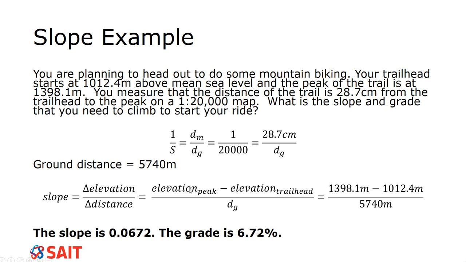So my delta elevation is my peak minus my trailhead: 1,398.1 meters minus 1,012.4 meters, divided by 5,740 meters, which was the distance I calculated from the map. And then my slope is 0.0672, or the grade, which is the percentage, is 6.72%.